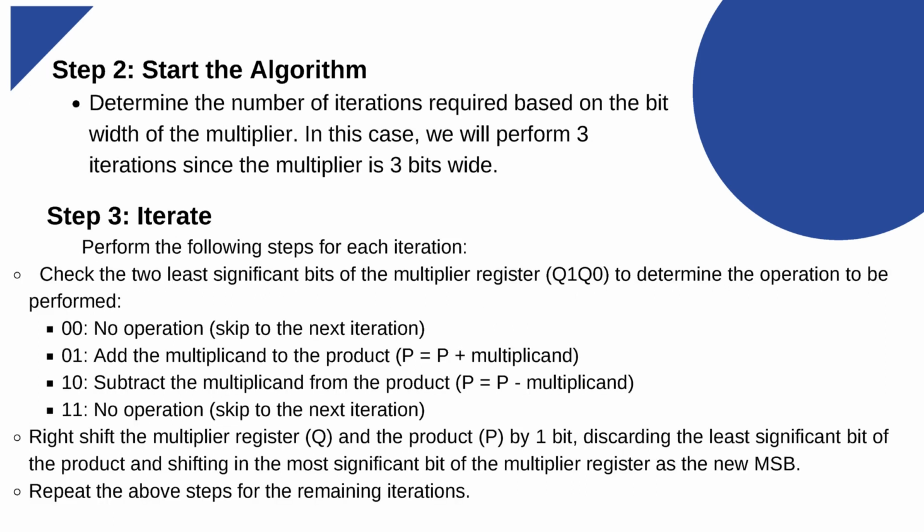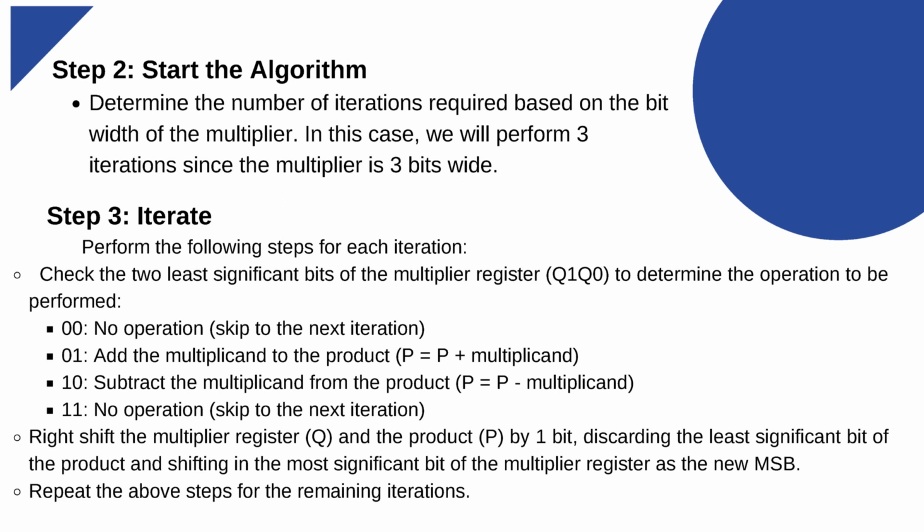Step 2 is to start the algorithm. Determine the number of iterations required based on the bit width of the multiplier. In this case, we will perform 3 iterations since the multiplier is 3 bits wide. Step 3 is iterate. Perform the following steps for each iteration.